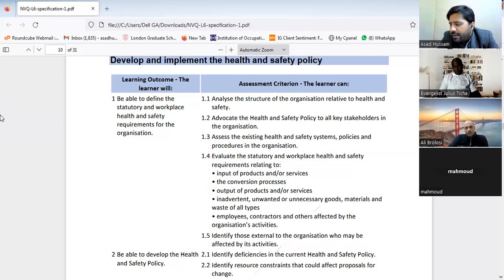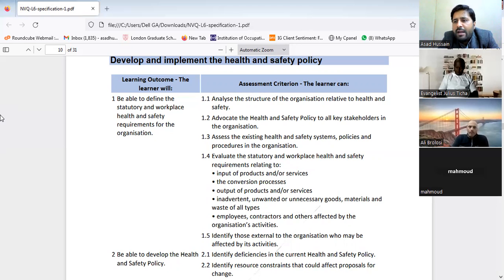In regard to that, what you have to produce: first of all, the evidence you can use is the health and safety policy, because all of you know very well that the organization section is a part of the health and safety policy.